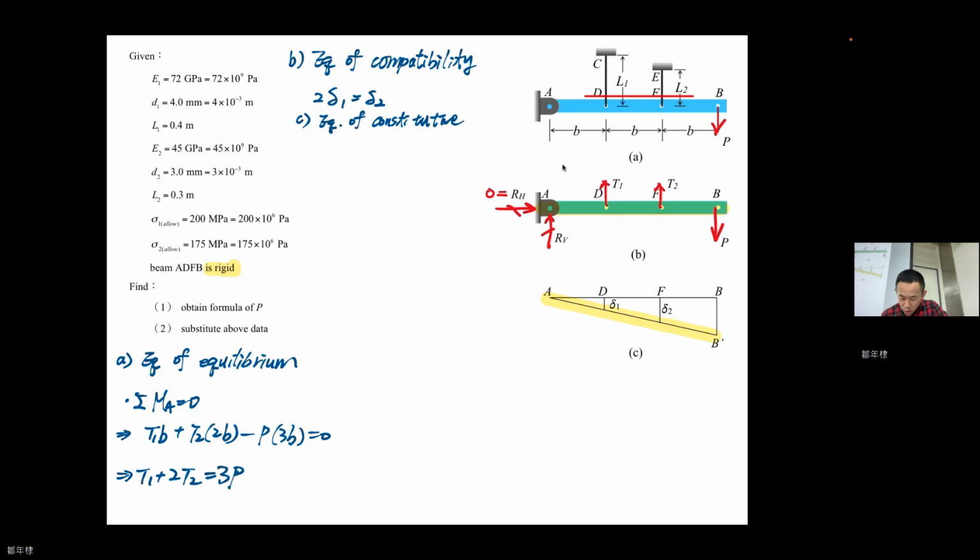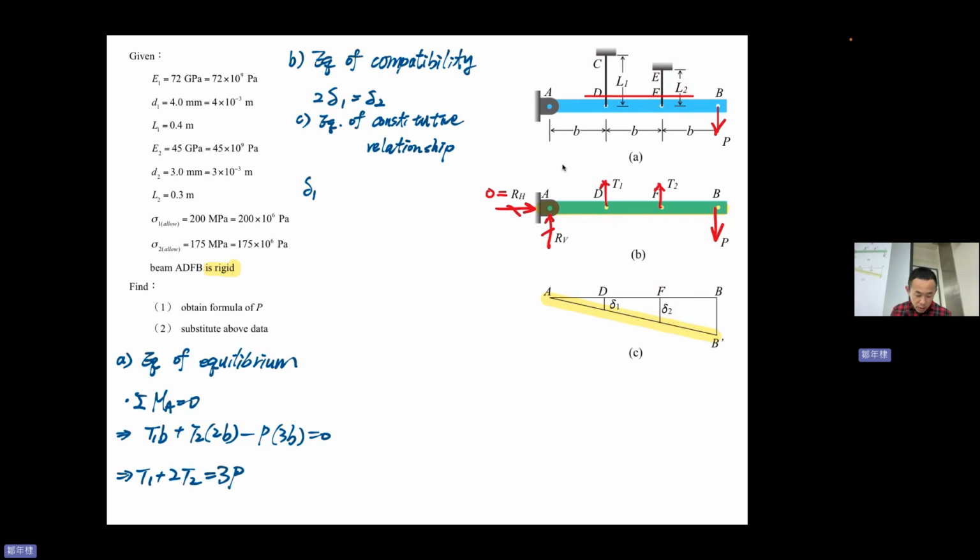Next one, the constitutive relationship. Delta 1 must be related to the change of length of L1, and the change of L2 must be delta 2, right?